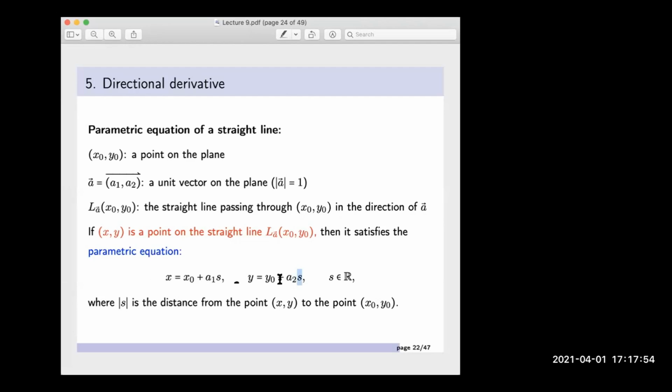So this tells you that the change of the point is proportional to the unit vector a, and this s actually measures the distance of change. How much distance is it from the original point x0, y0 to the current point xy? The distance between these two points is denoted by s.